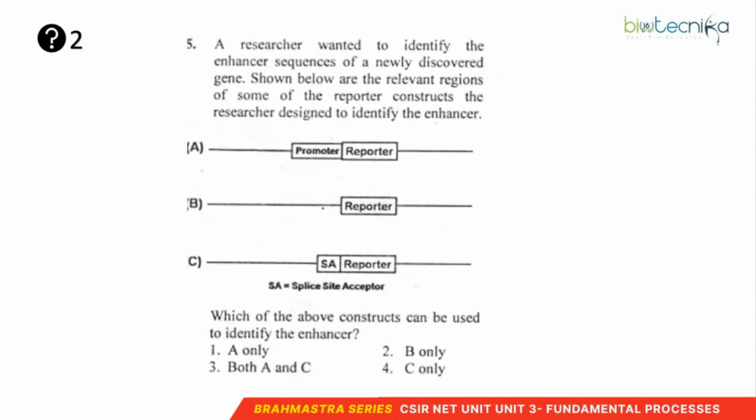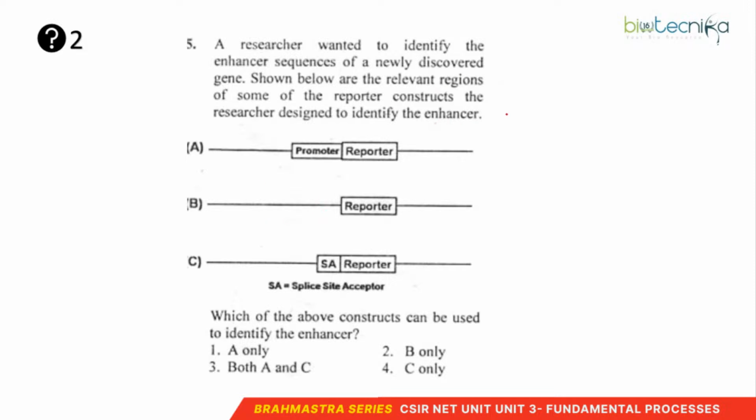This is a question from Unit 3 Part B, that is your transcription, where you will come across the regulatory sequences like the enhancers, the proximal control elements, the core promoter site, the silencer. These are the regulatory sequences.